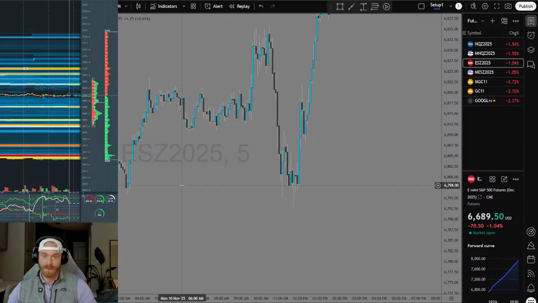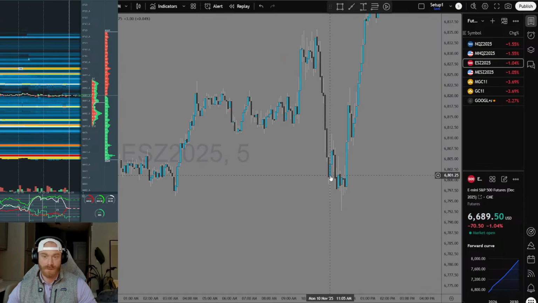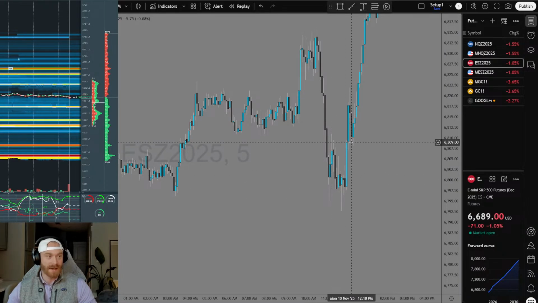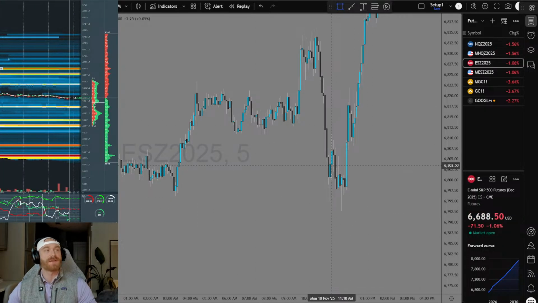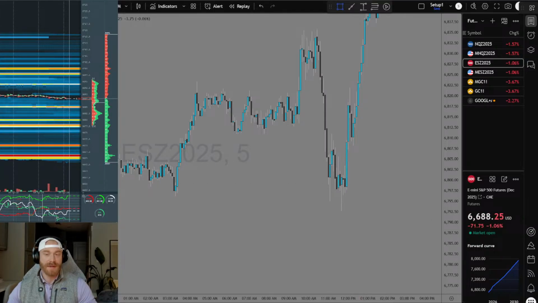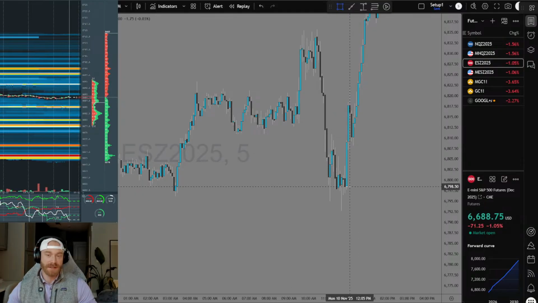So you have low, high, lower low, and then the higher high right here on this candle closure. So the way you'd mark this out, the easiest way to remember this is, you see how this is the last leg up? Imagine that there's a key level right here. I'm sure there actually is.